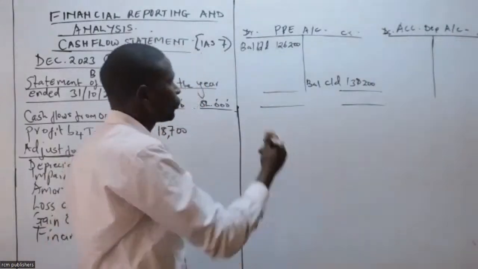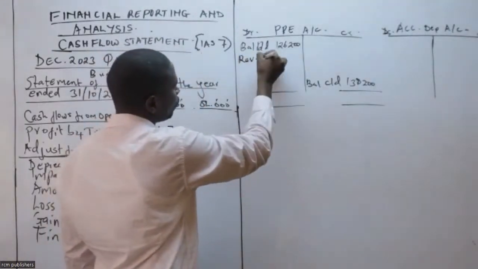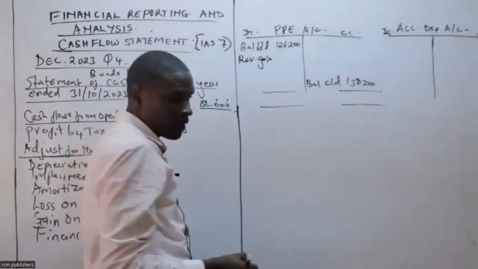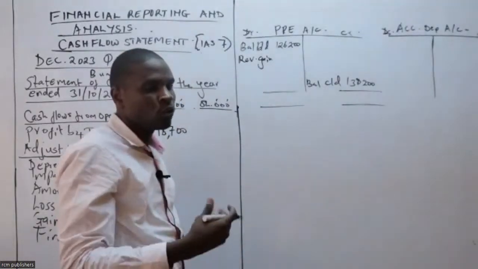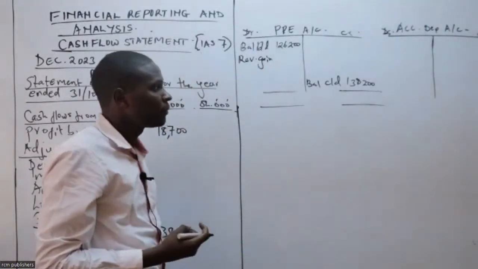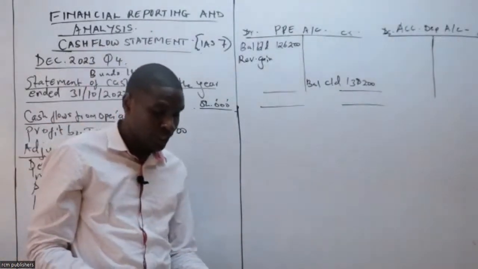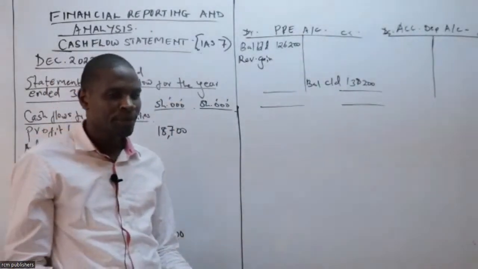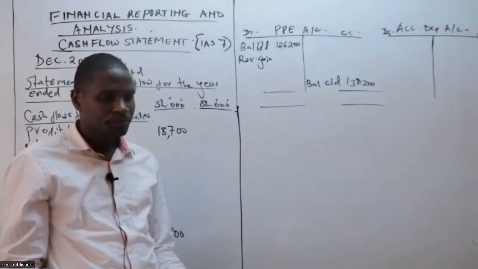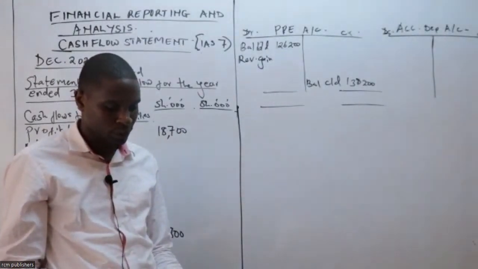There was a revaluation gain of how much? Revaluation gain is going to increase the value of our PPE. So how much is the revaluation gain? Somebody to give us the revaluation gain of our PPE.